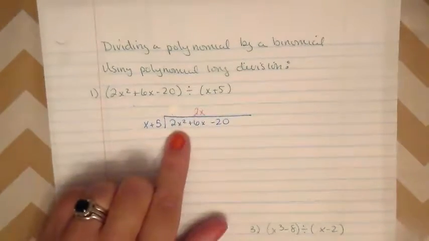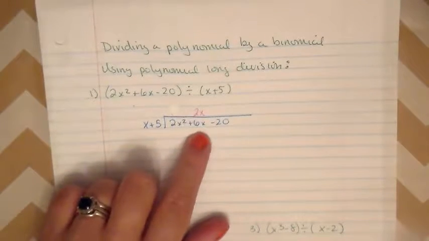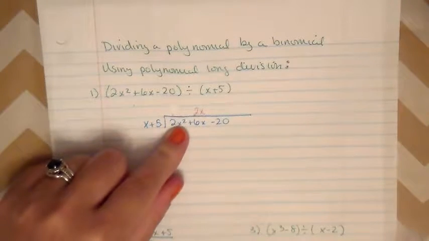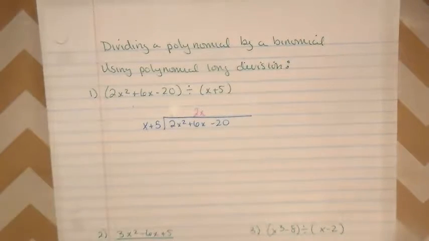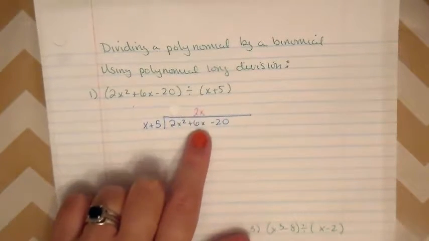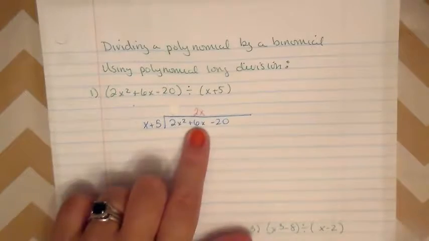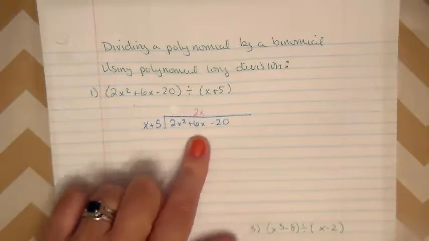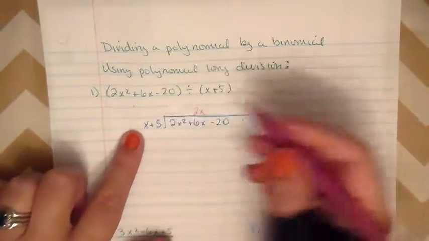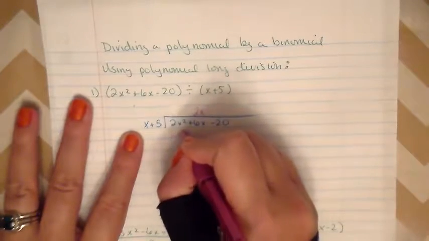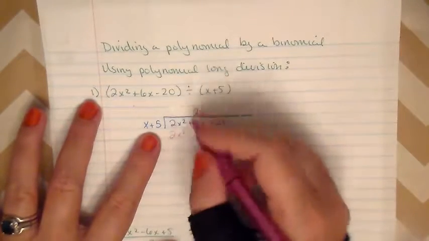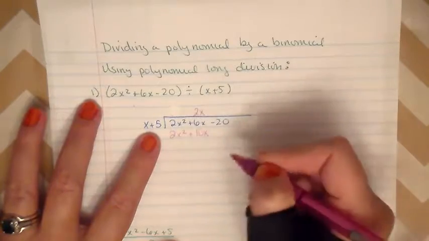Now, let's say this was a third and then it went third to the x. We'd have to put in a placeholder to hold the space, and I'll show that in a moment. But the 2x goes on top of the 6x because they're the same like terms. Then I have 2x times x gives me 2x squared. 2x times 5 gives me 10x.